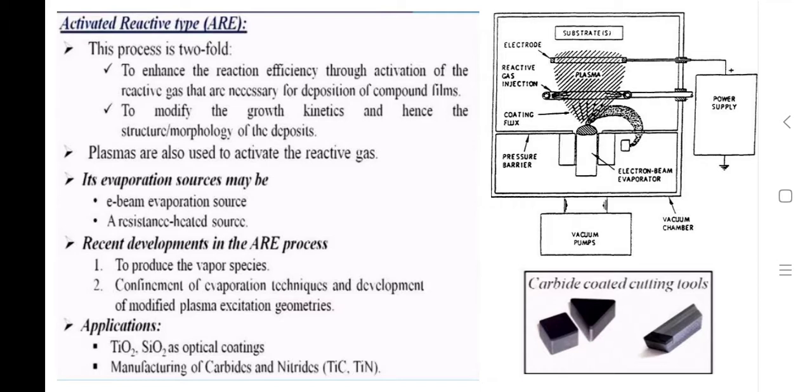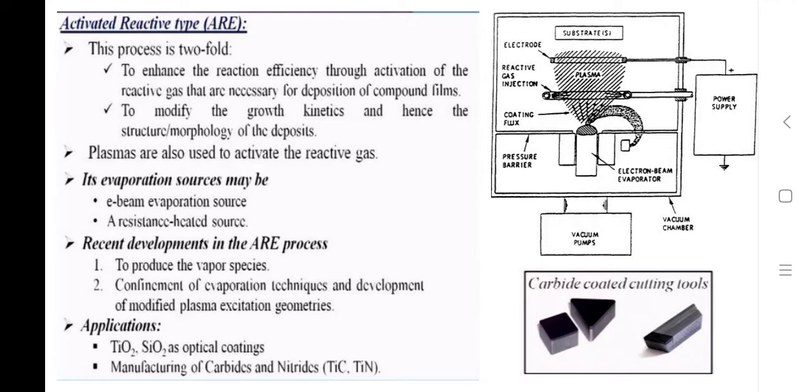The evaporation source may be either an e-beam source, electron beam, or some kind of resistance heated source. Recent developments in the ARE process include confinement of the operation technique and development of modified plasma excitation geometry.